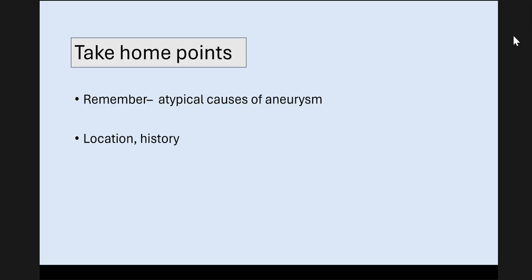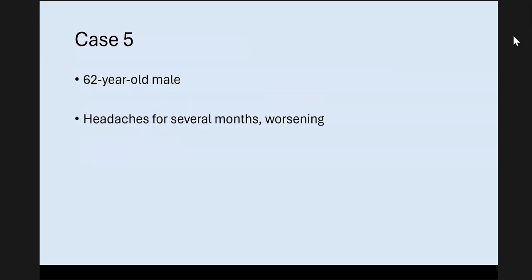That's an important cause. Textbooks mention tumors invading into vessels causing aneurysms, although I don't know whether I've seen any of those before. Trauma, but these are more pseudoaneurysms rather than true aneurysms. But initially, you may not be able to differentiate between the two. So remember mycotic aneurysms.